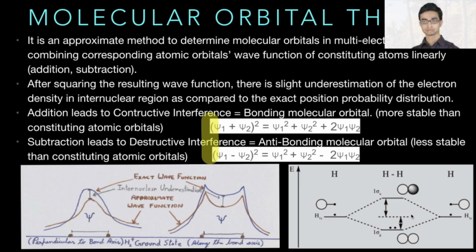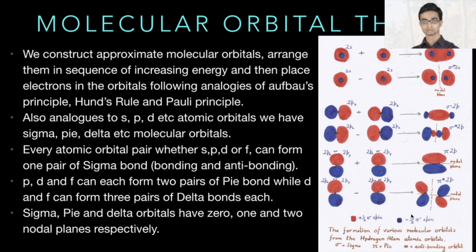Algebraically, it can be represented as shown, with the final term contributing to the change in probability distribution. So, we construct approximate molecular orbitals, arrange them in sequence of increasing energy, and then place electrons in the orbitals following analogies of Aufbau's principle, Hund's rule, and the Pauli principle.